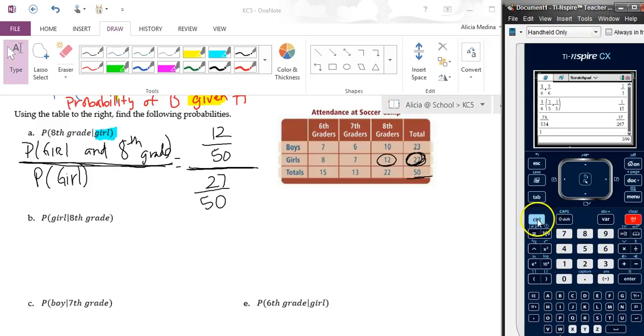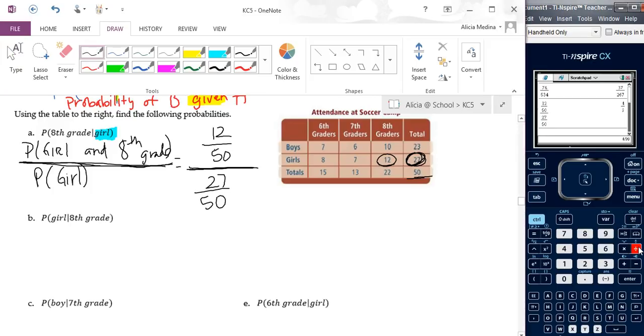So just to show you, we're going to divide 12 over 50, and then divide that by 27 over 50. You can see here that we get a fraction of 4/9.